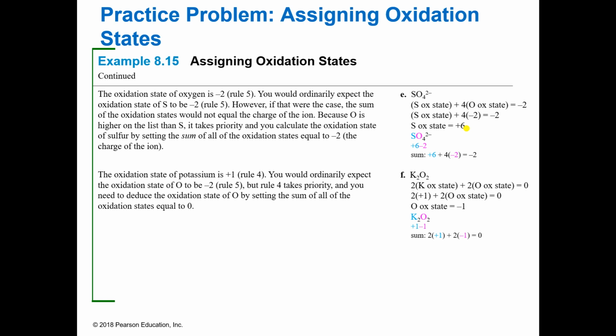For potassium, again, rule 4 applies where it's in group 1, and therefore it'll take on the oxidation number equal to its charge. And oxygen will be, well, gosh, we don't know. Here's another exception, not a very common one, but an exception nonetheless.